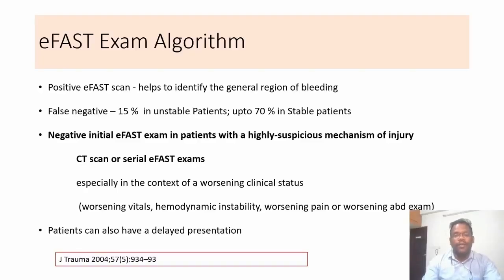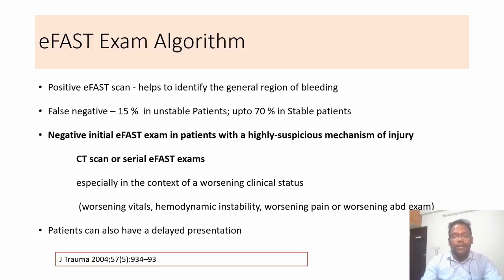E-FAST algorithm. Why do we need an algorithm? We know the E-FAST helps us to identify the region of bleeding in trauma patients. But we also need to remember there are 50% false negative reports with the E-FAST assessment, and the false negative reports are much higher when the patient is clinically stable.